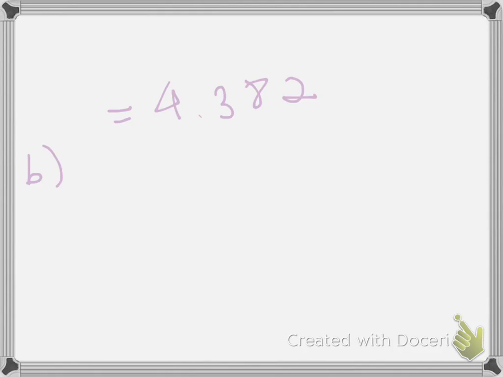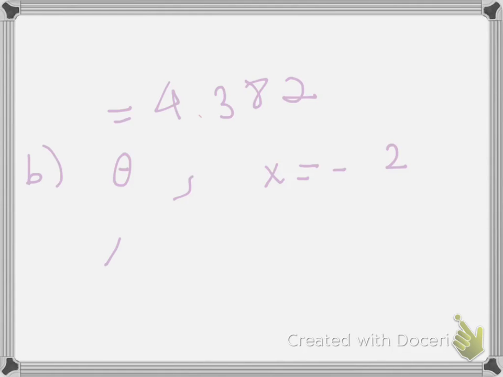Now B asks for the angle theta that corresponds to the point on the curve with x coordinate -2. So where x equals -2. So we just use our previous knowledge on polar equations.